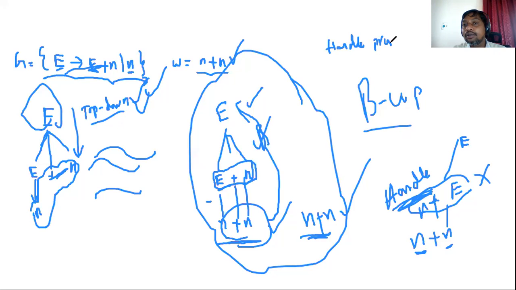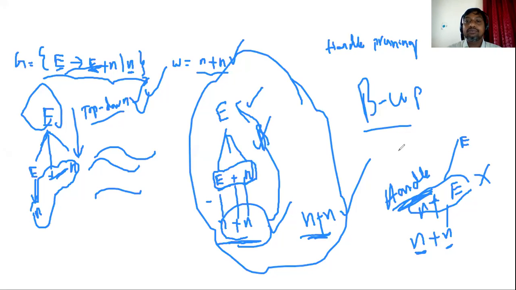Handle pruning. The process of reducing a terminal string by means of identifying the handles to its previous sentential form until we get the start symbol of the grammar is called handle pruning, right?